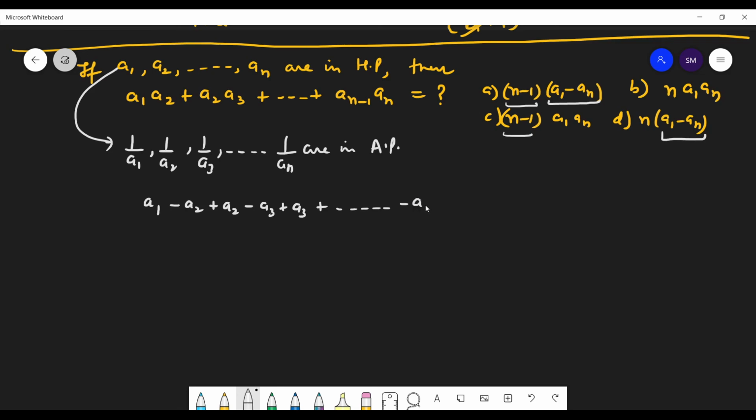So at last the terms that you will be getting, the last term will definitely be an.